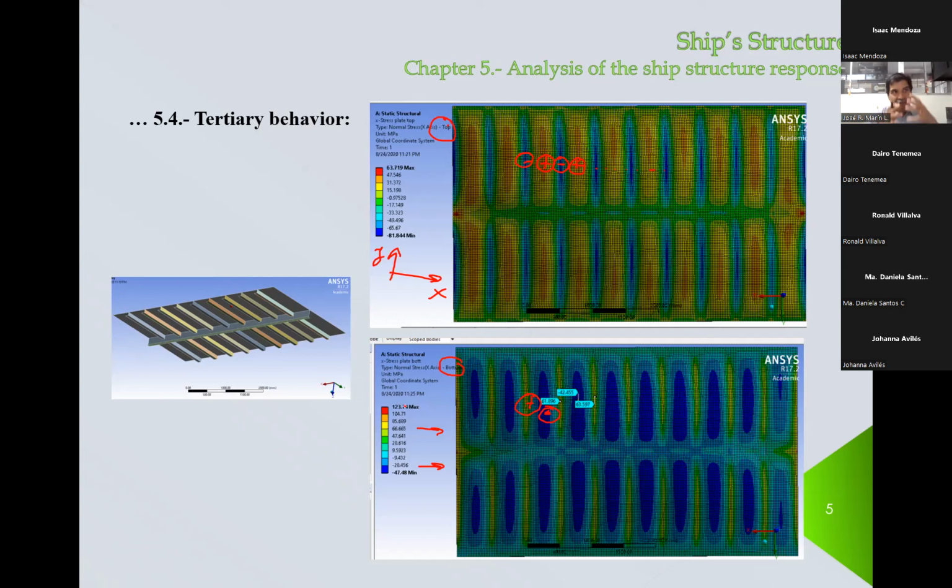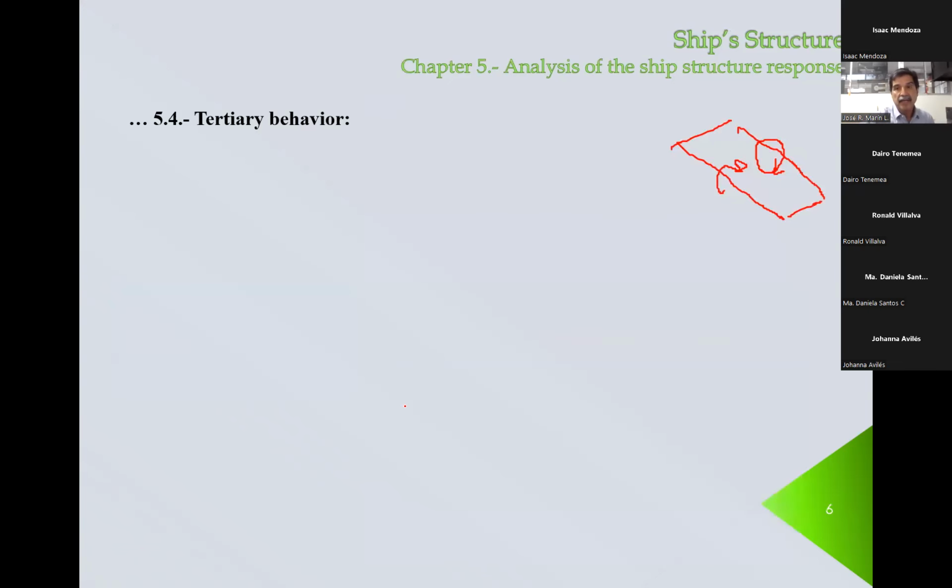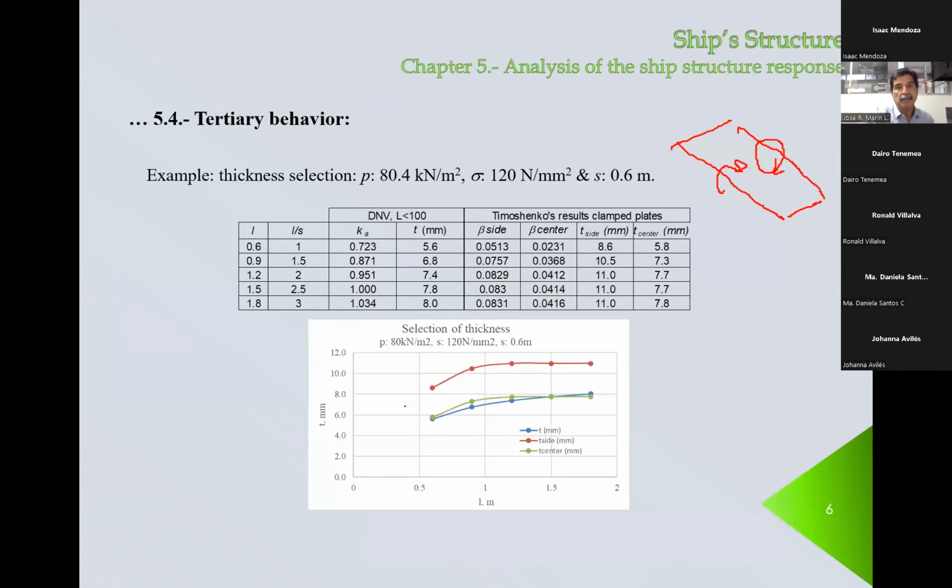So that causes this redistribution, and eventually, on the edge and in the center of the plate, the stresses are basically the same. Hopefully we will do an example about this in the next semester on the elements.